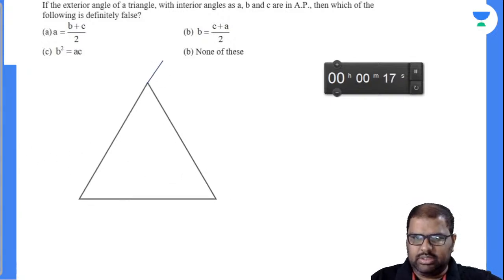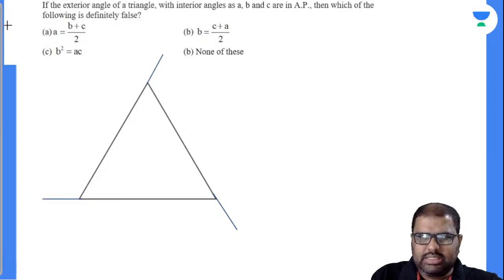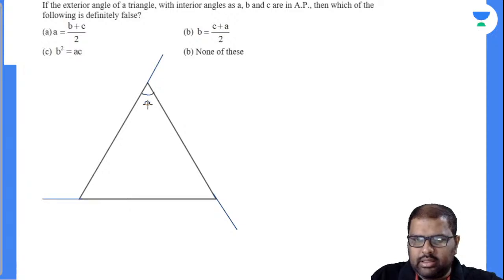So what I will do, this is one exterior angle. Of course, you can take it any way. Now, with interior angles A, B, C, the exterior angles are in arithmetic progression, it seems here.